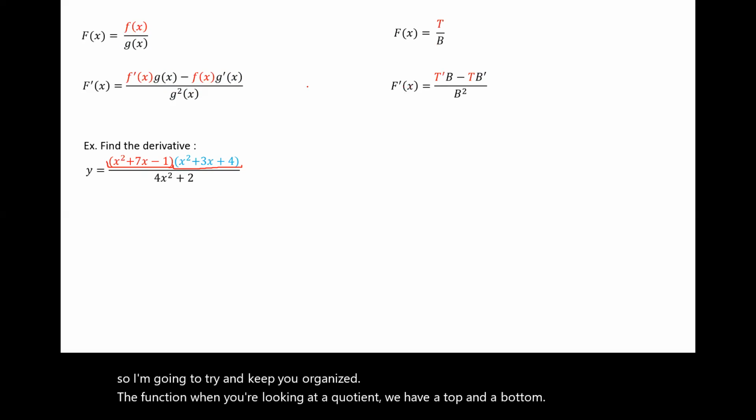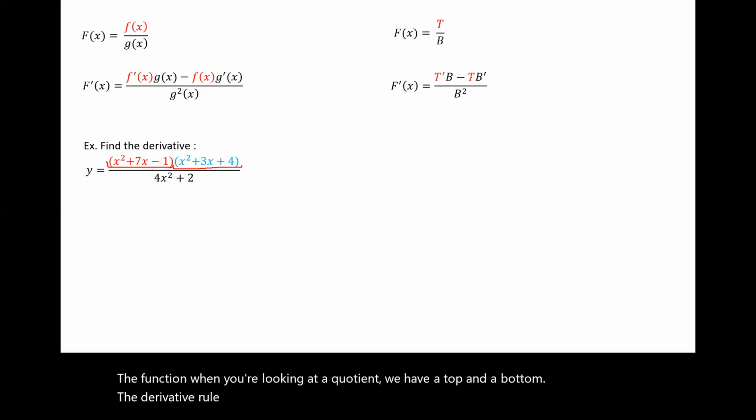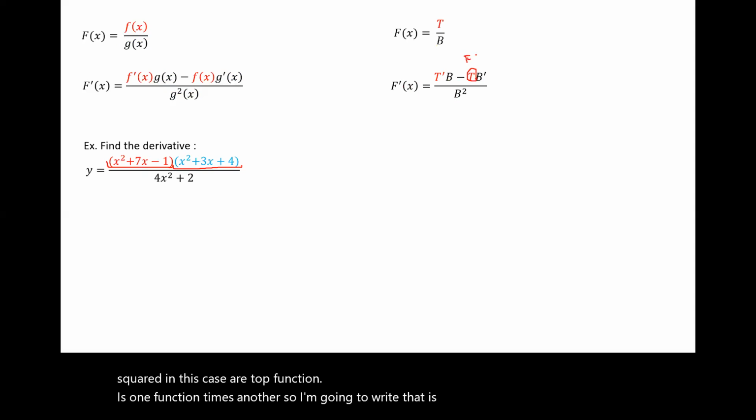The derivative rule: derivative of top times bottom minus top, derivative bottom, over bottom squared. In this case, our top function is one function times another. So I'm going to write that as first times second.